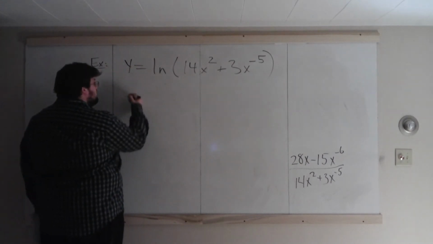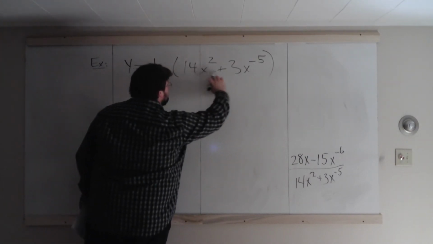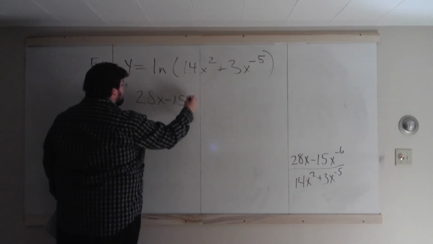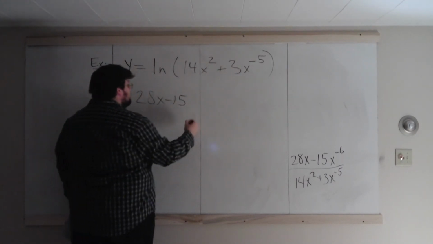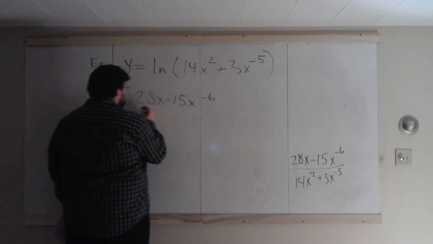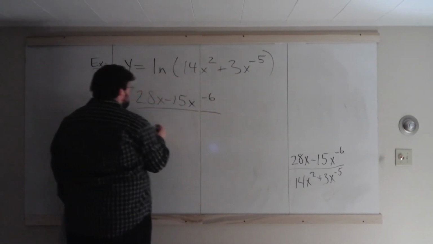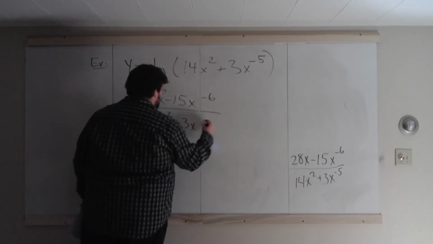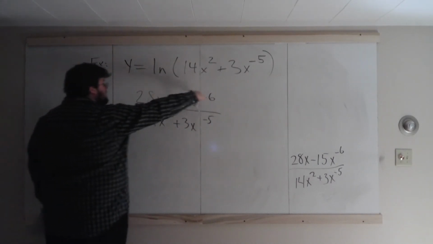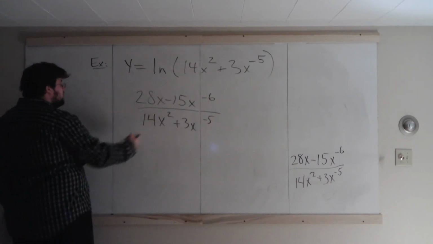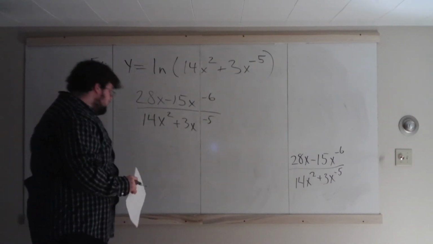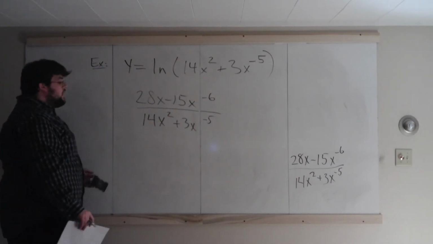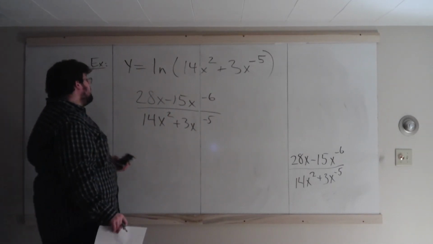The derivative is just, using the chain rule, given by the derivative of the inside all over the inside. So the derivative of the inside goes in the numerator, the inside goes in the denominator. And that works with natural log, and you can see the details using chain rule as we showed.